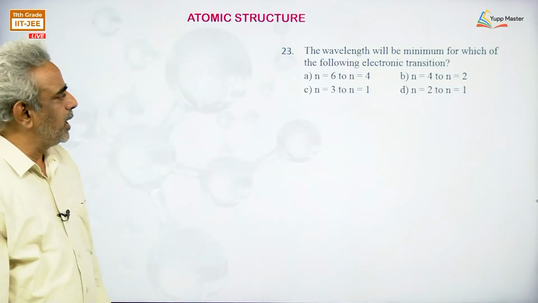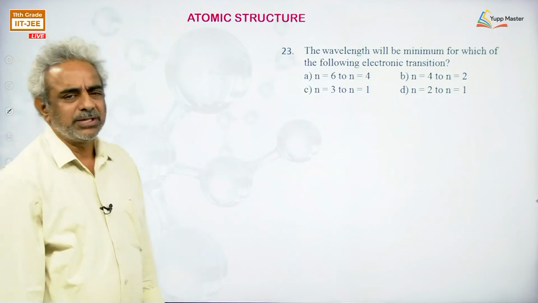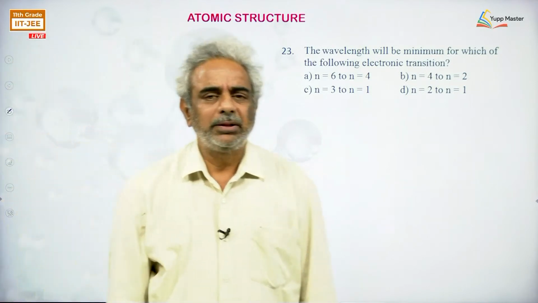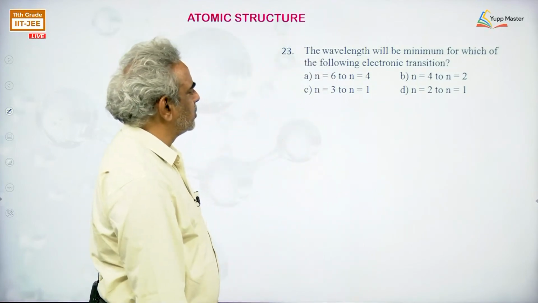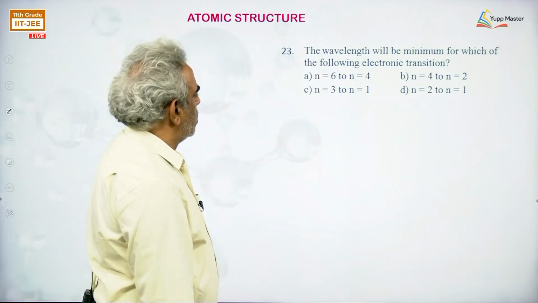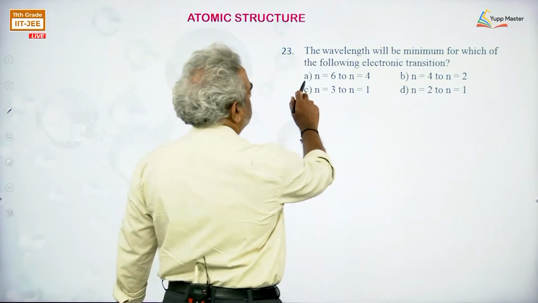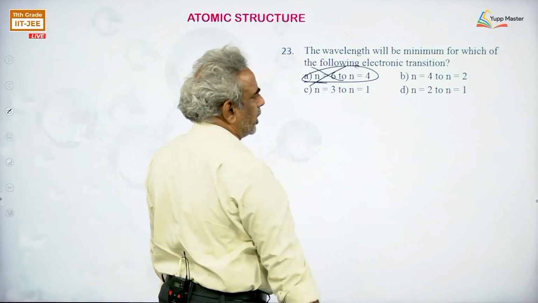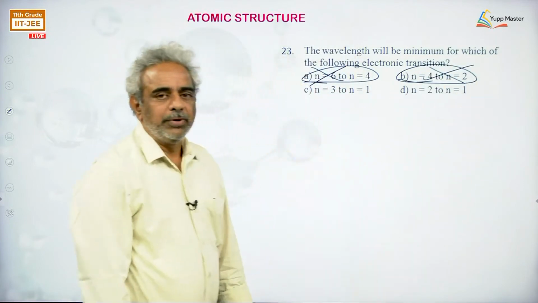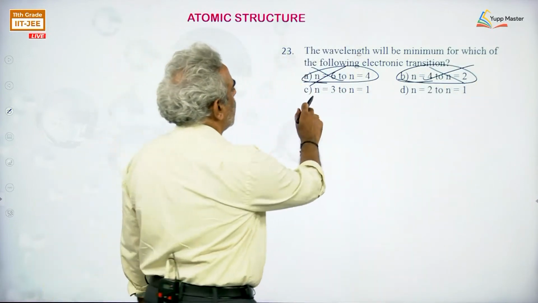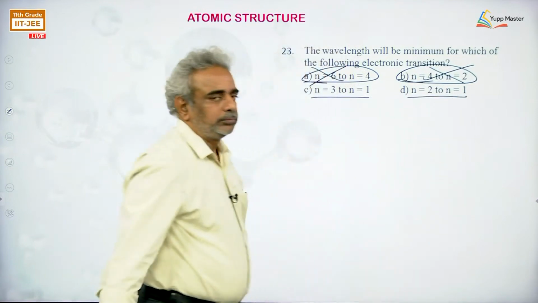The wavelength will be minimum for which of the following electronic transitions? A simple one. Minimum wavelength, maximum energy. So, 6 to 2 to 4 is ruled out, infrared. 4 to 2 is ruled out, visible. 3 to 2 to 1, 2 to 1.